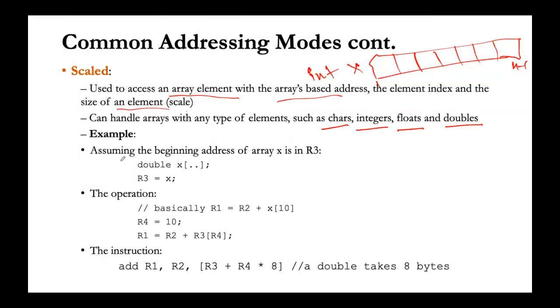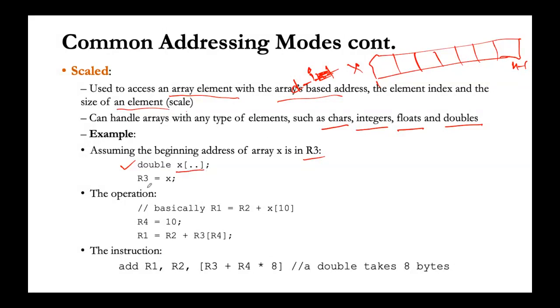Assume here, as said in the arrays or in the stack, the beginning address will be stored in a separate register, that is R3. Here we consider the double, which takes 8 bytes, and this is an array.